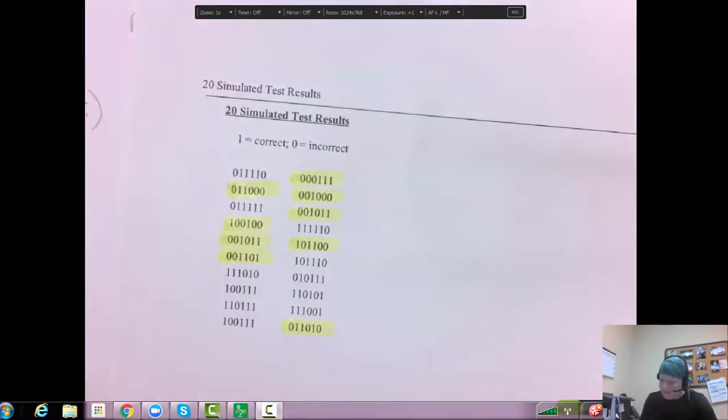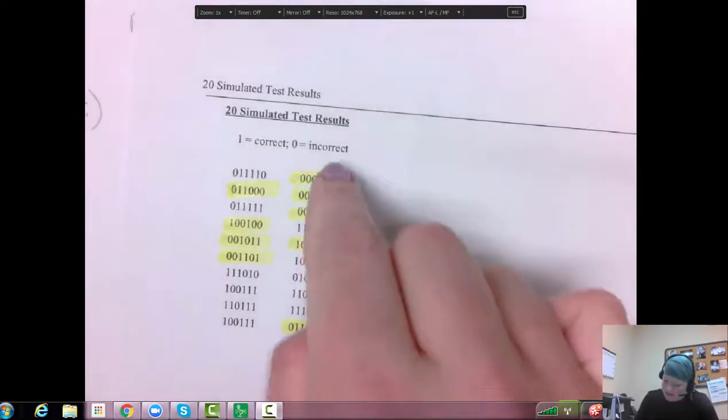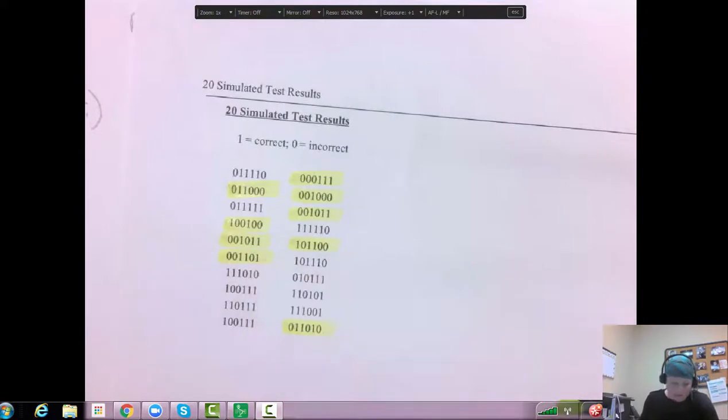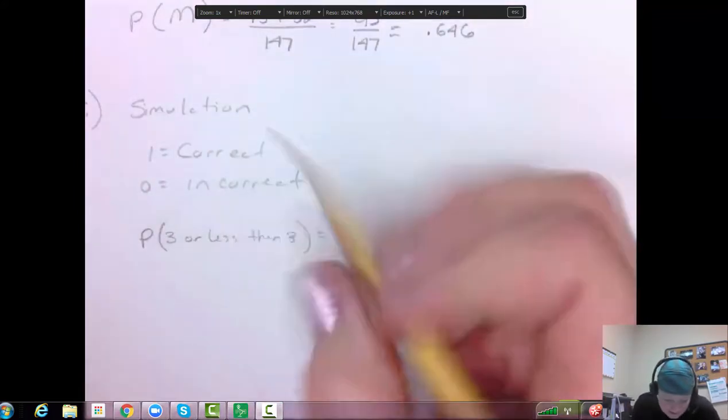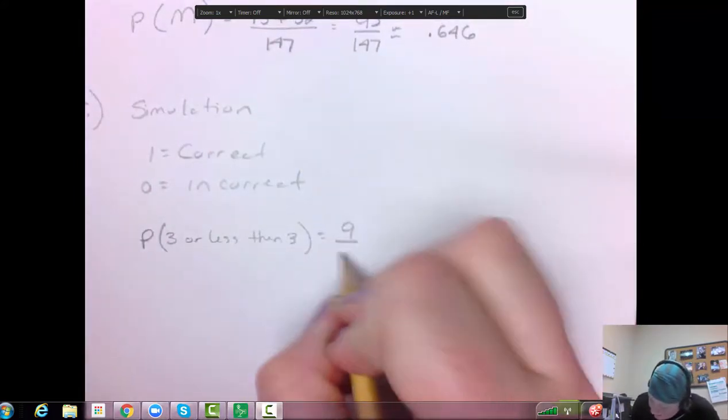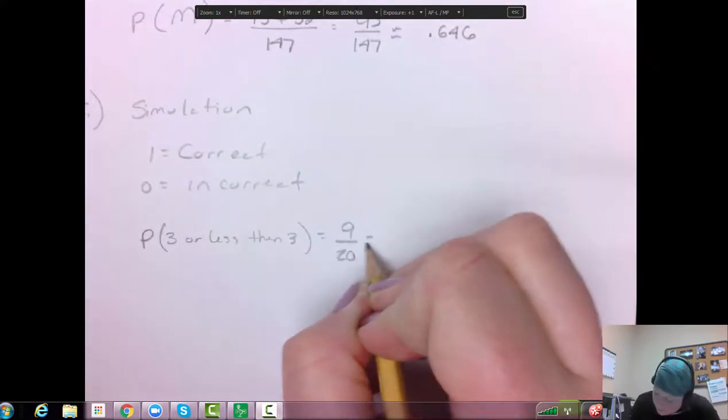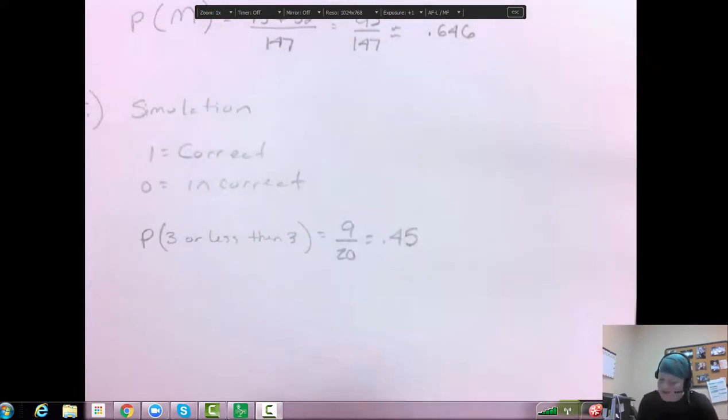So how many is that? 1, 2, 3, 4, 5, 6, 7, 8, 9. So there's 9 failings out of the 20 total. So what's the probability of failing when you guess? 9 out of 20, which is about 0.45 or 45% chance of failing based off of the simulation.